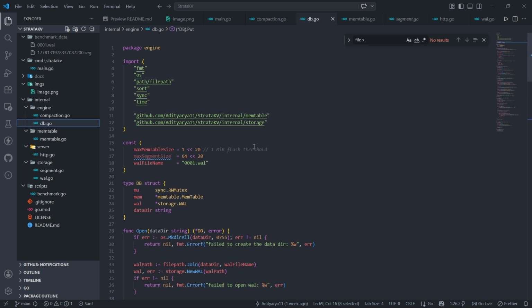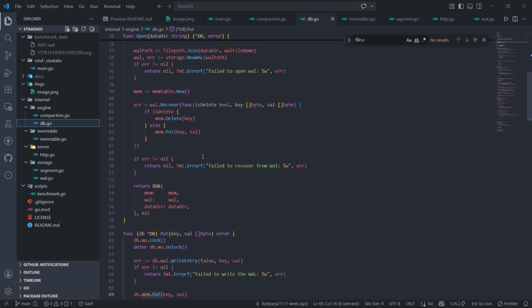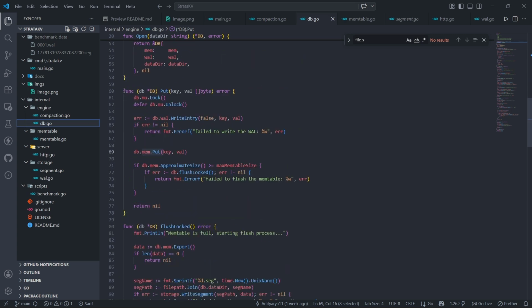One of the key architectural decisions was using append-only writes instead of in-place updates. In the put, as you can see, first we are appending, and the WAL entry is happening before the memtable put, meaning the memtable write.